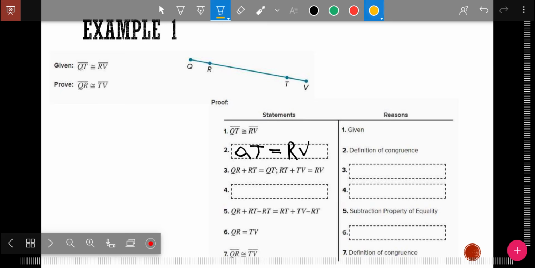If I look at this part, RV, the first part RT plus the last part TV makes the whole thing RV, which is what they put right here. And so those two little parts make the whole segment, which is what we called just a second ago the segment addition postulate.